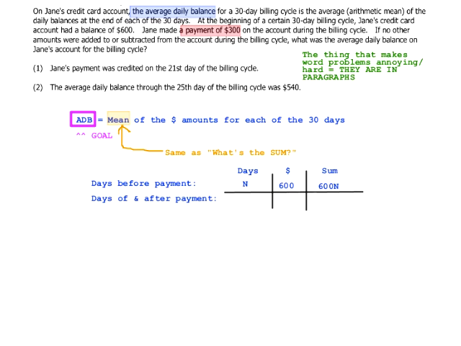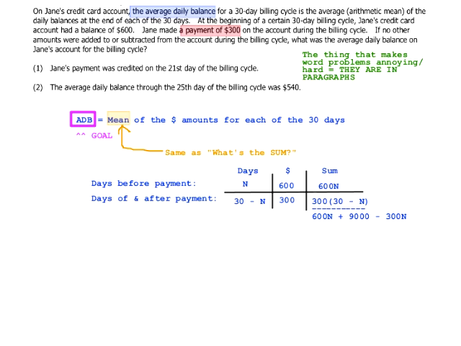But then you have 30 days in the cycle, so the remaining days are what's left out of 30. So that's going to be $300 because she paid off $300. Okay, and so the sum is going to be 600n plus 9,000 minus 300n. And we don't even care about simplifying that any further because this is a linear expression that has n in it.